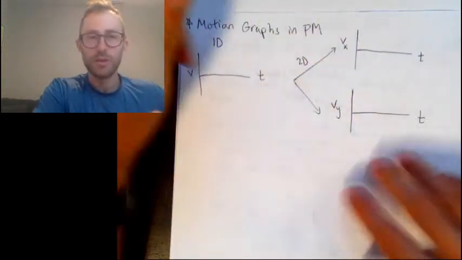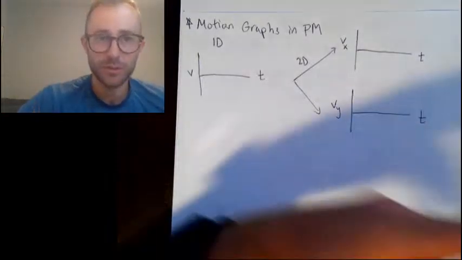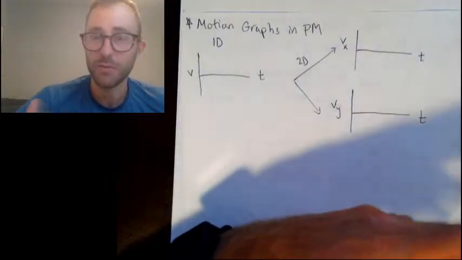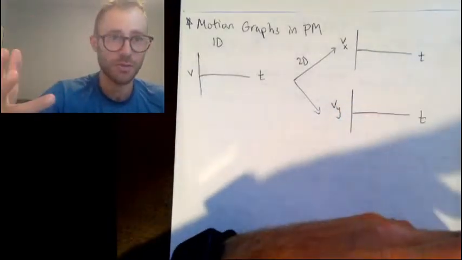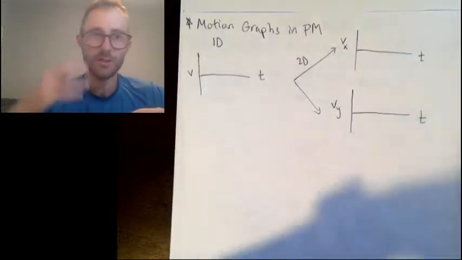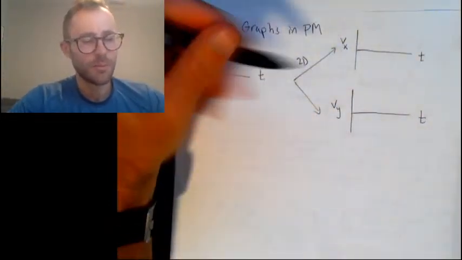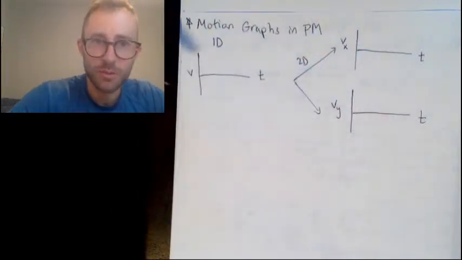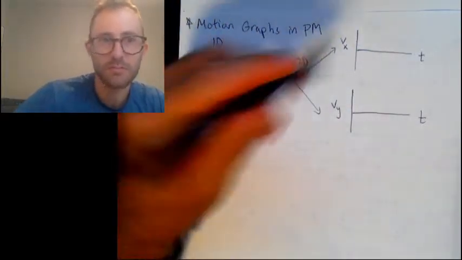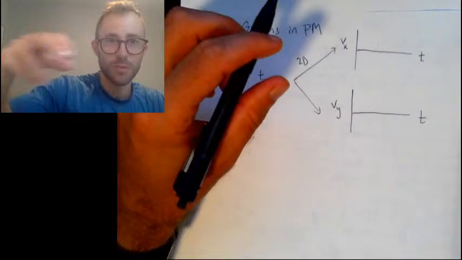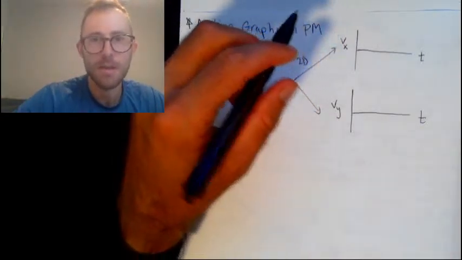Okay, so if we had 3-dimensional motion, we would have 3 velocity graphs. We would have an x part of the velocity, a y part of the velocity, and a z part of the velocity. So the number of velocity graphs we need is equal to the number of dimensions that the thing is moving through, okay?